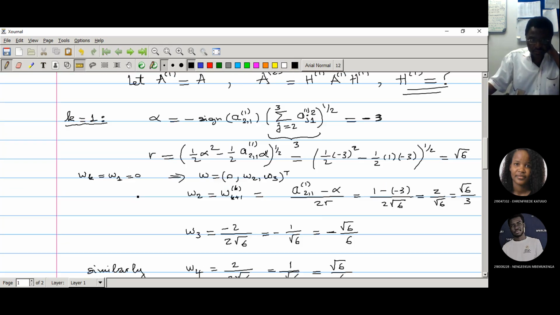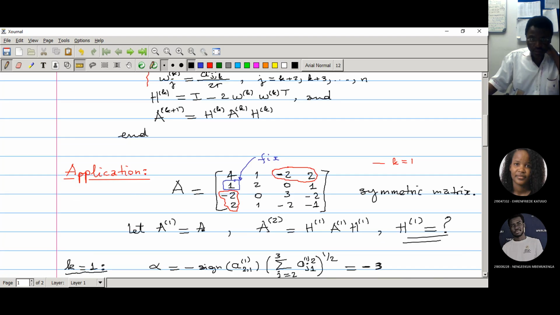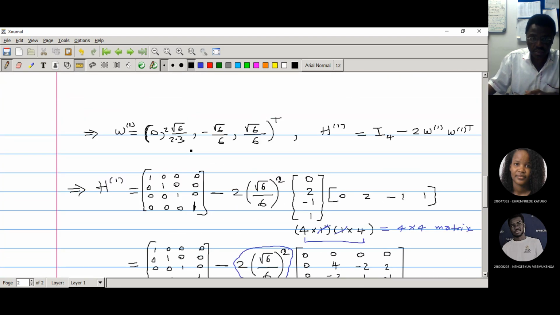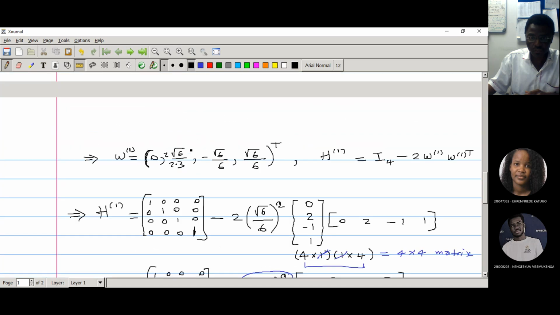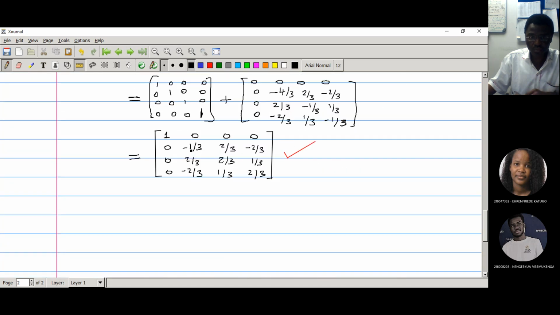We have A1, which is A. Now, what is A2? Because we have H1, now we have our A2. It is H1, A1, which is A, H1.